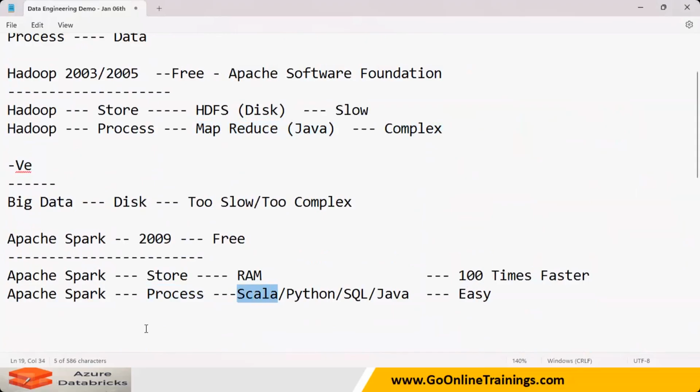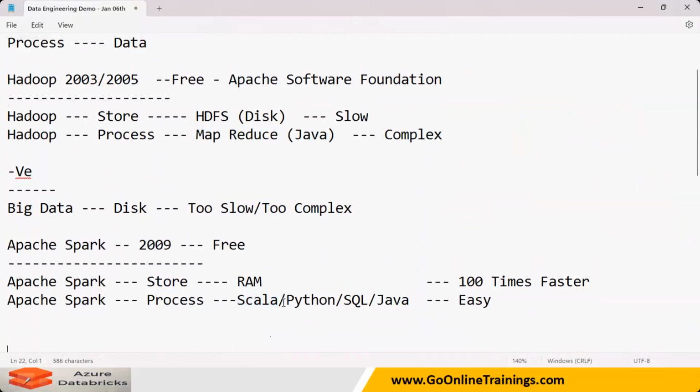Everybody uses Python today, so the Spark team also said you can use Python. You can even use SQL, or people who know Java can use Java, but Java is complex. Scala, Python and SQL are easy languages, and you can also go for Java, or any other language, such as R if you know it.